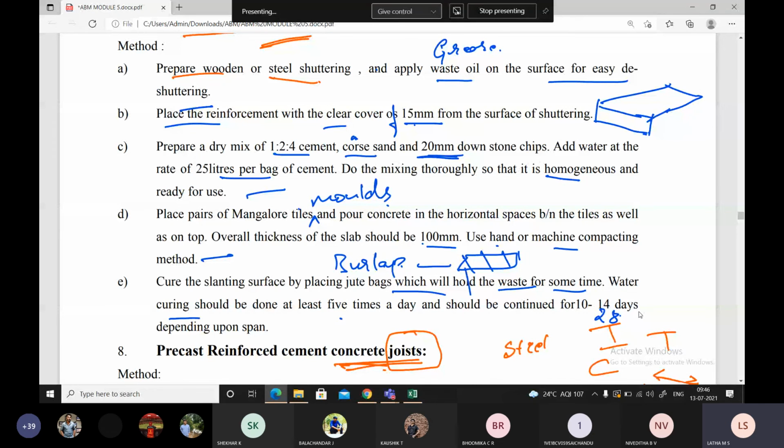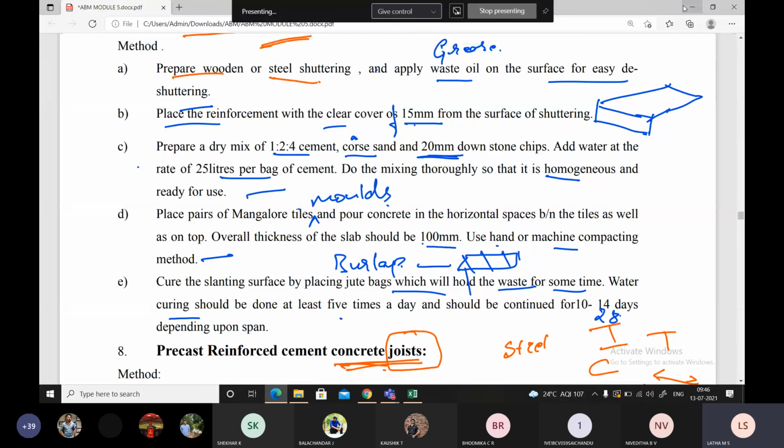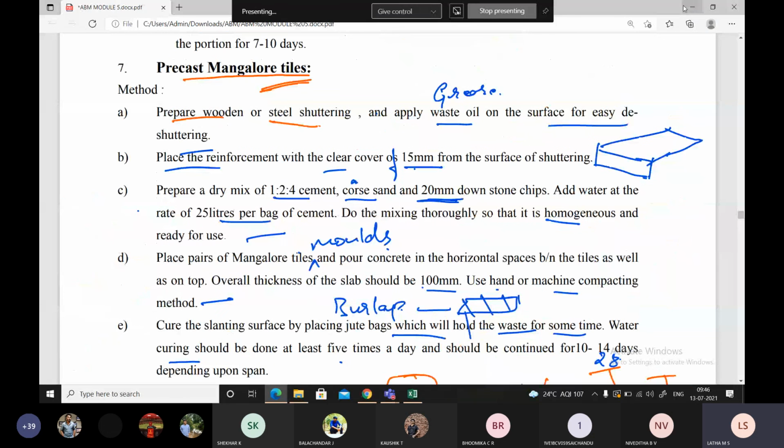After 24 hours you have to do burlap curing, or just spread a jute bag over the element, and after 28 days preferably you can start using it for construction. This is a very good time, because when you are using reinforcement, you definitely find good strength being achieved, right? Is this clear to you, students? So we started with the precast joist, then we moved to Mangalore tiles, right? Is that clear, students?